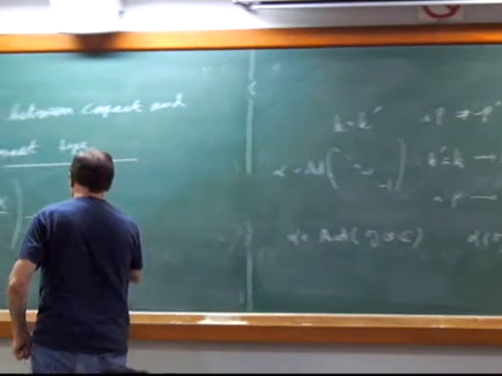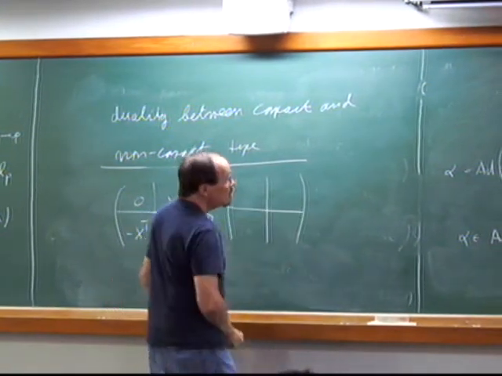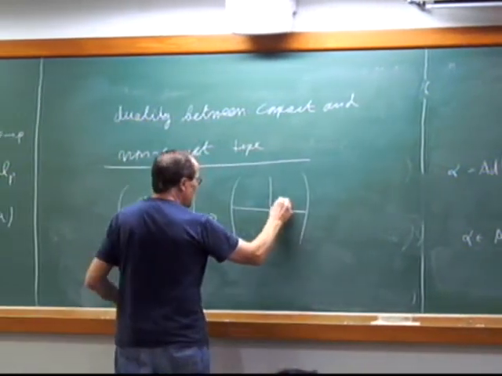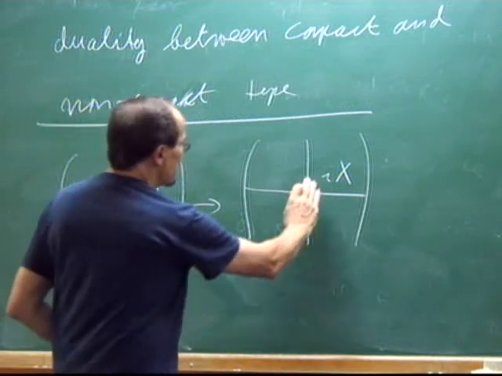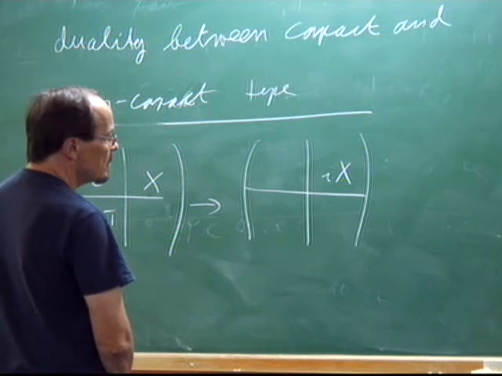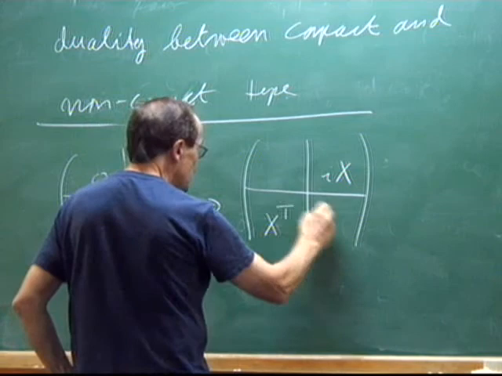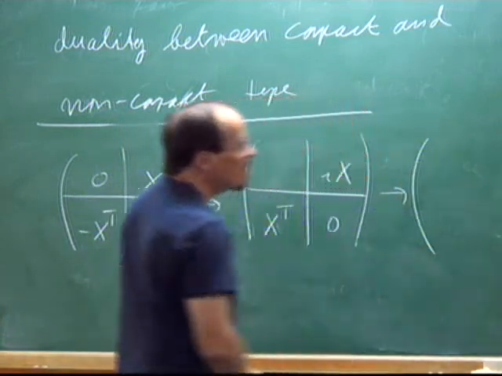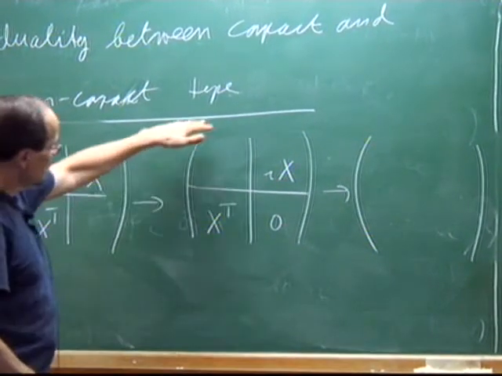So let's do it left first. On the left, I multiply the first rows by I. The next rows by minus 1. So that's on the left. Now I multiply with this matrix on the right. Now it works on the columns. So multiply the first columns by I.